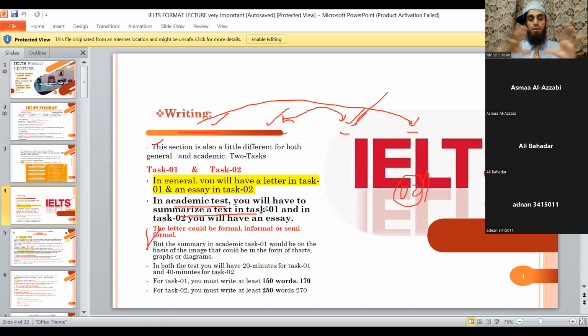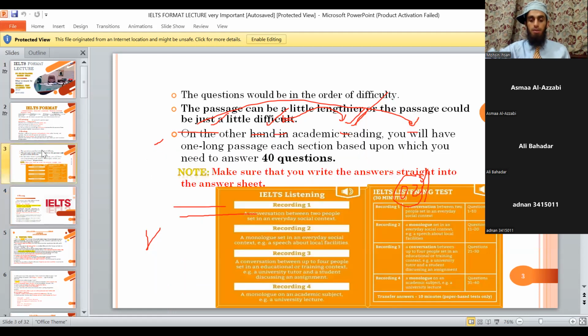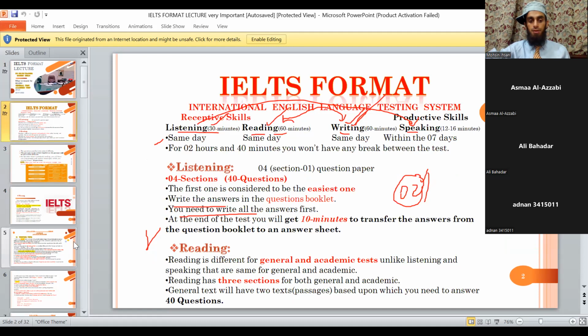As far as the reading module is concerned, there will be a passage given to you. For academic, the passage will be a little bit lengthier and also a little bit tougher. For general, the passage will be short, and you can see stories regarding society and social life, right?